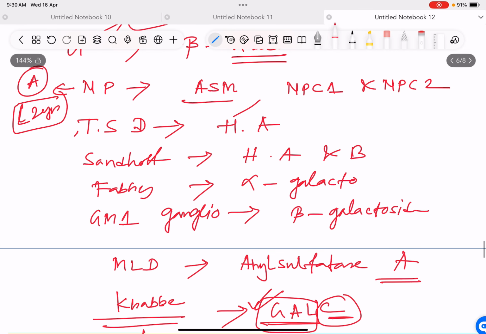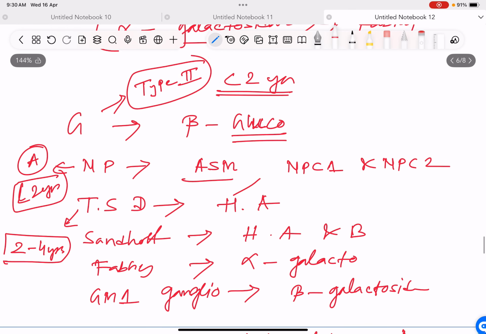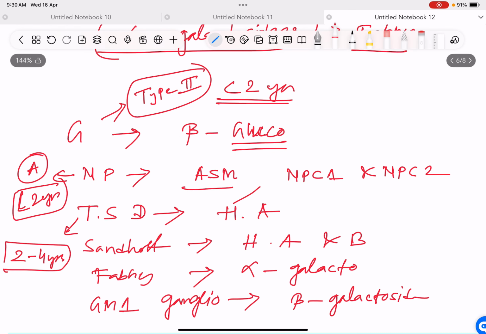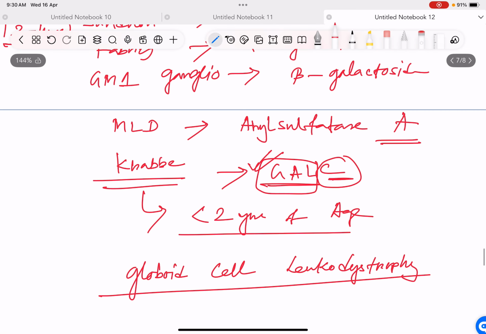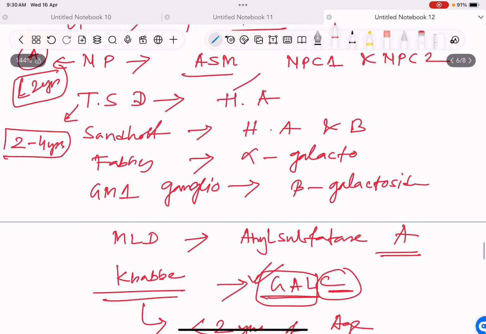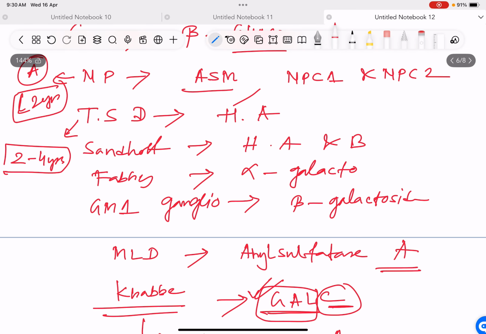Also in Tay-Sachs disease, the child will die between 2 to 4 years of age. So Niemann-Pick disease type A, Gaucher disease type 2, and Krabbe, they will die within 2 years of age. Tay-Sachs disease is also similarly lethal. The child will die within 2 to 4 years of age.